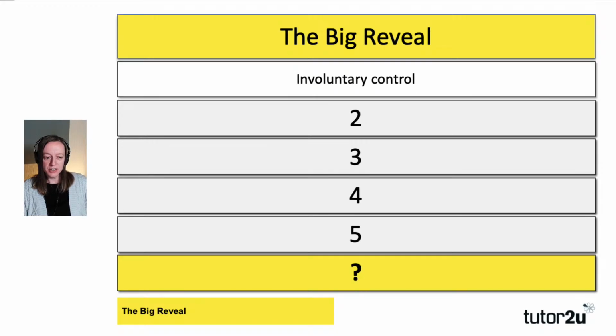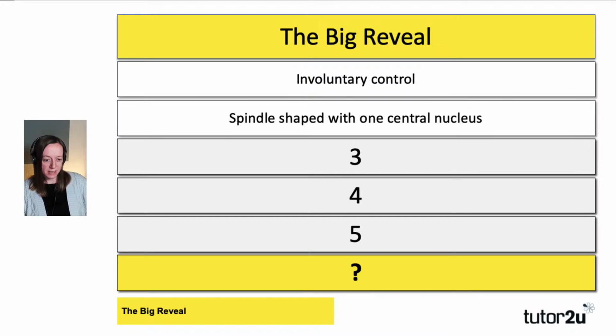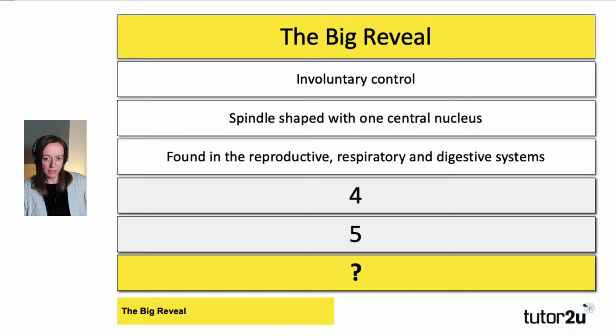So this is under involuntary control. Would anyone like to guess what type of muscle is under involuntary control? It's spindle shaped with one central nucleus. It's found in the reproductive, respiratory and digestive systems.